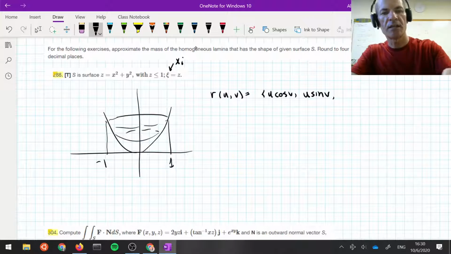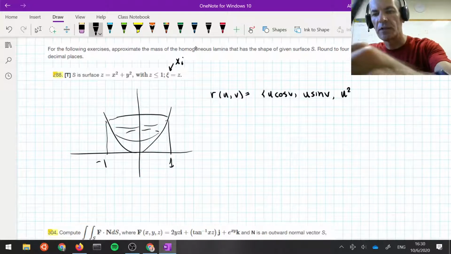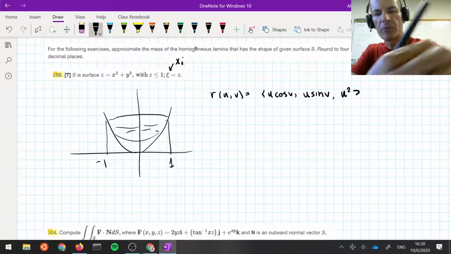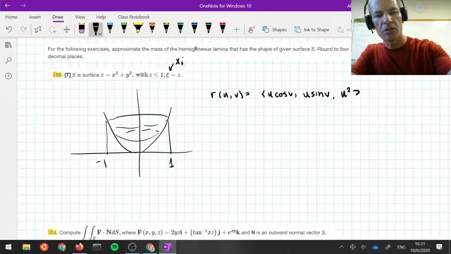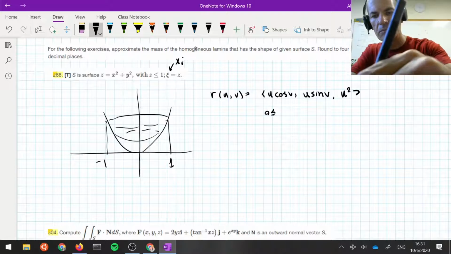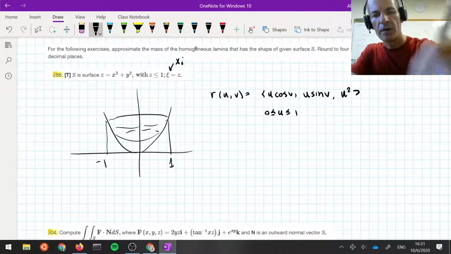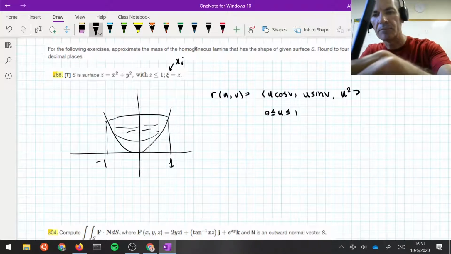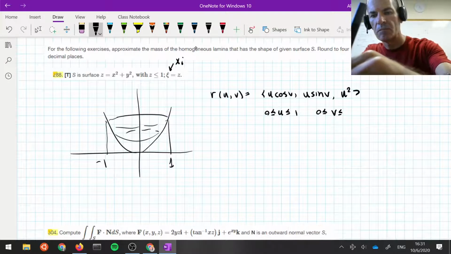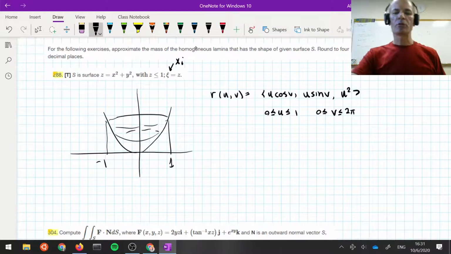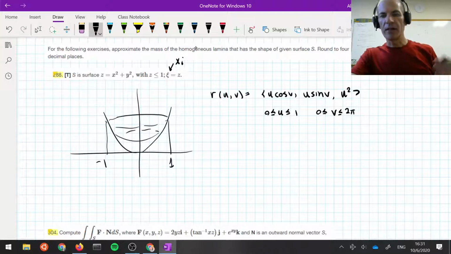It's just what you get by plugging these two in. That's going to work out to u squared. What's the parameter range? It looks like u is going to go from 0 to 1, and v is going to go all the way around. So there's a nice parameterization of the surface. We're ready to go now.